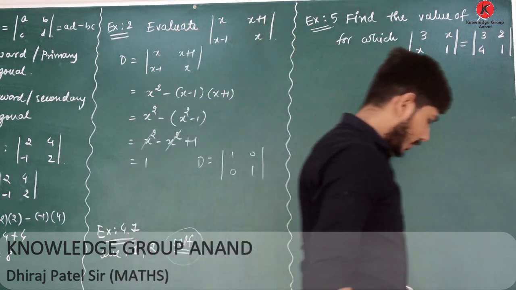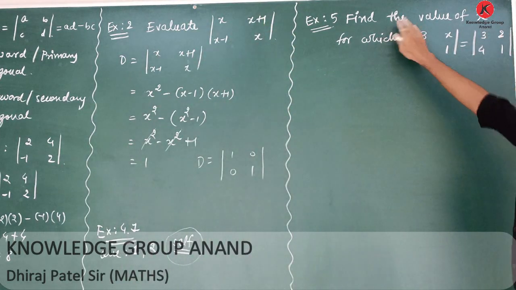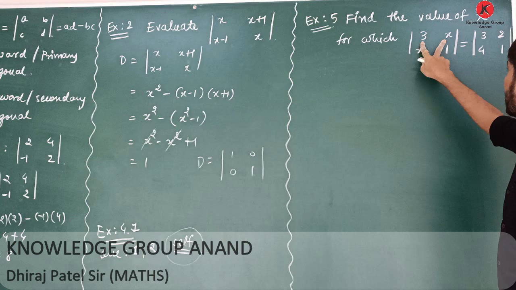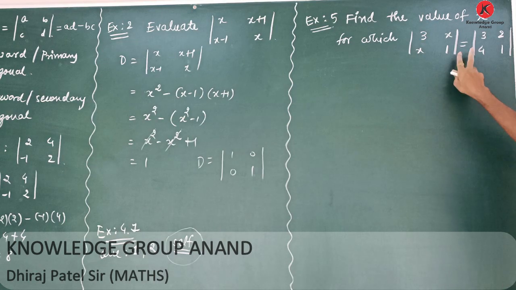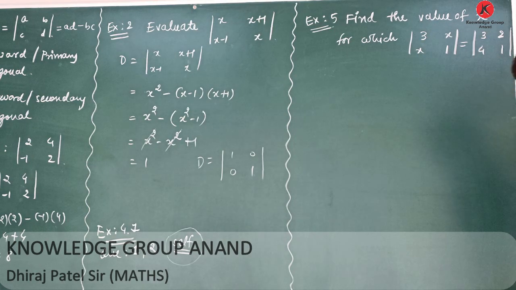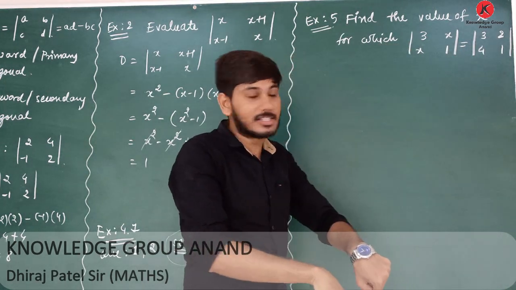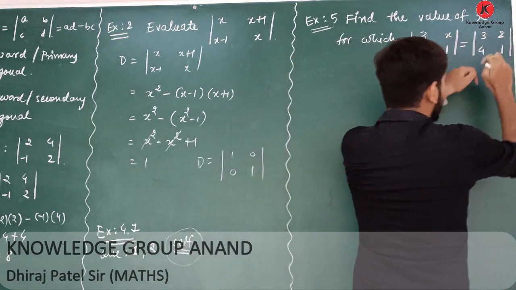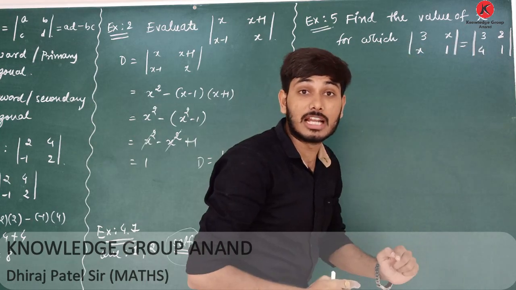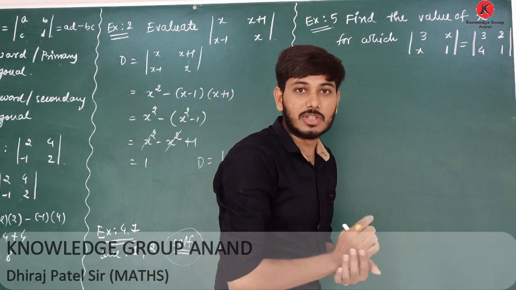Now the next one, example number 5. Find the value of x for which the determinant | 3 x; x 1 | equals the determinant | 3 2; 4 1 |. We know that for matrices, if two matrices are equal, then we compare each and every element associated with them.